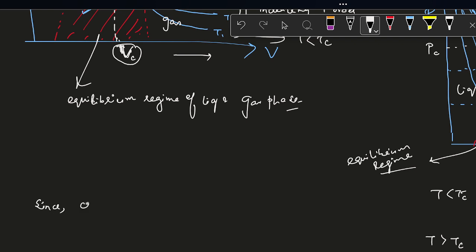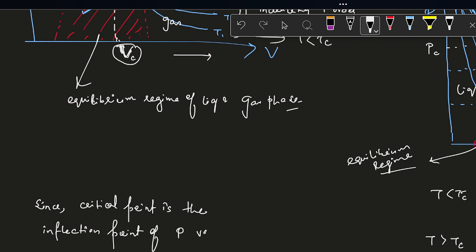since the critical point is the inflection point of the p versus v graph, and at the inflection point the slope is 0.